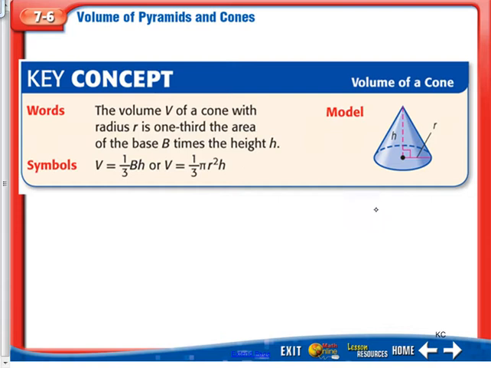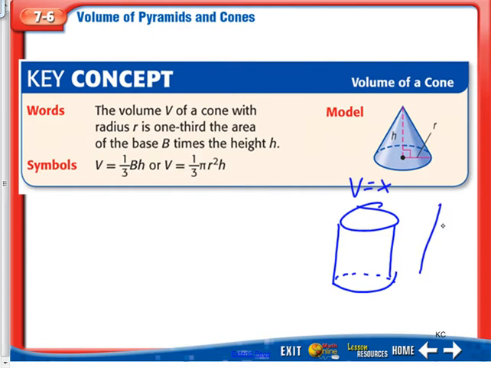If we have the full cylinder here, and we said that the volume equals x, then the volume of a cone with the same height and the same radius would be volume equals 1/3 x. So that's where we get this. Volume of a cylinder would be area of the base times the height, but now we're doing cones, so it's 1/3 times area of the base times the height.